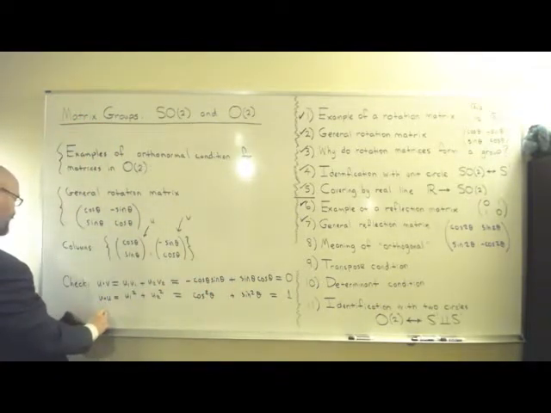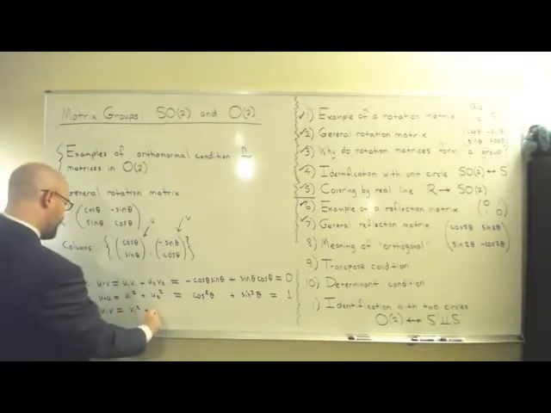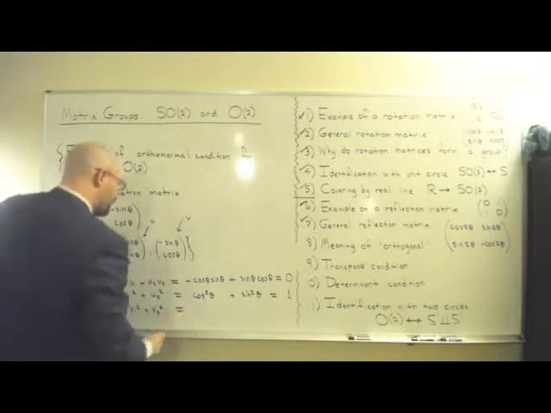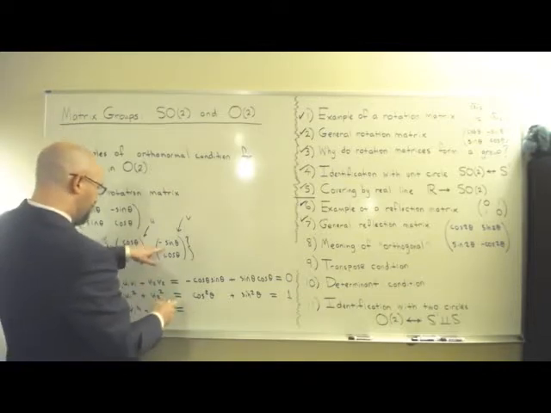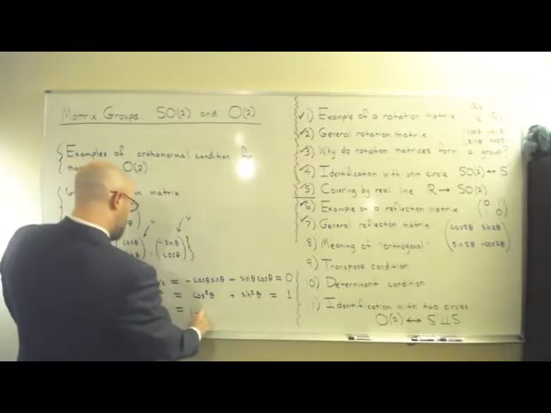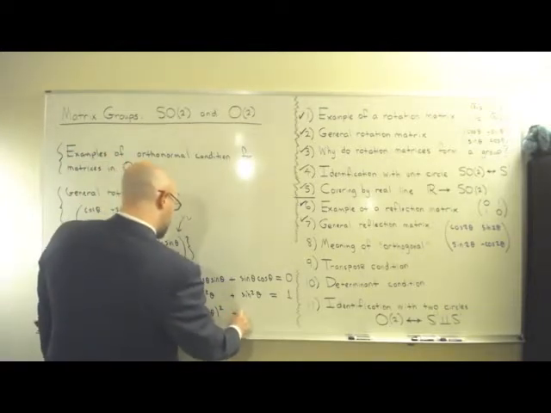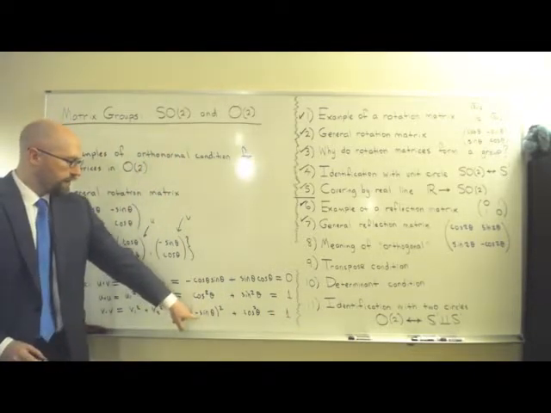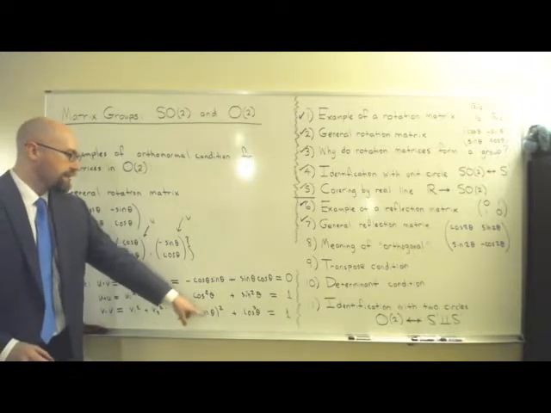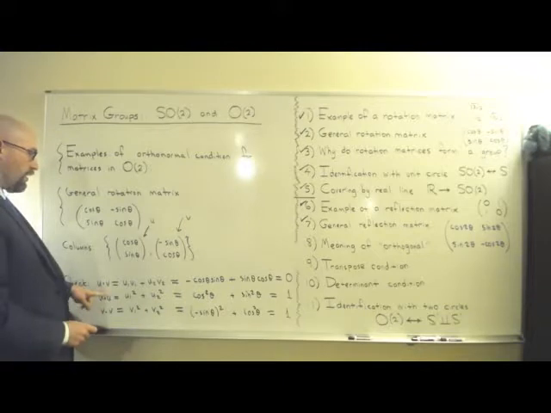And then so V dot V, this is V1 squared plus V2 squared equals, and then we have, well, this is a minus sine, so this is minus sine theta squared plus cosine squared theta, and that's going to equal 1 too, because this minus is going to square away, and so I'm going to get sine squared plus cosine squared equals 1. So once again, these are an orthonormal set.